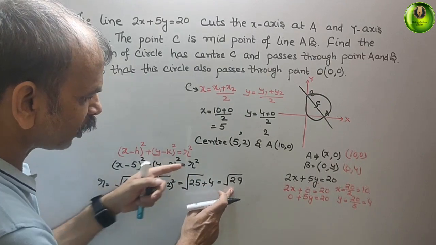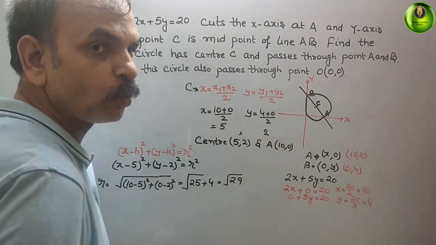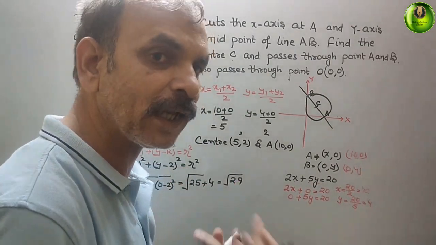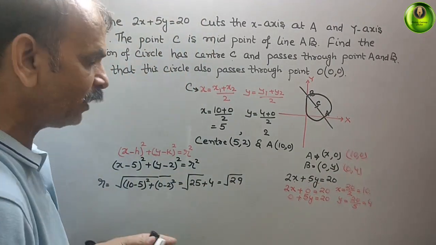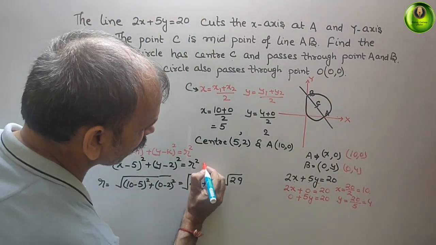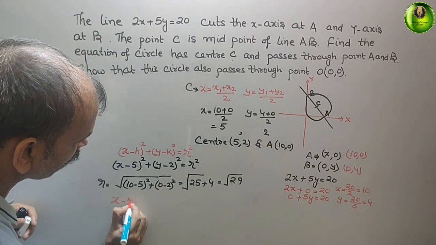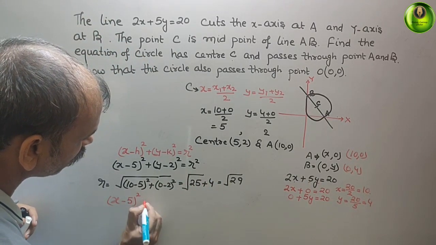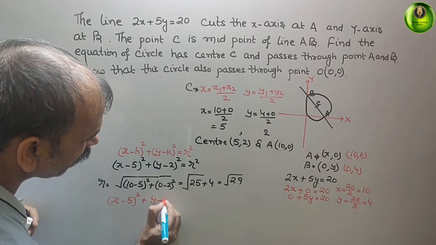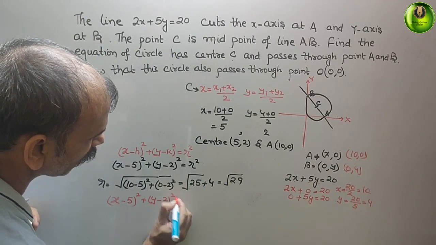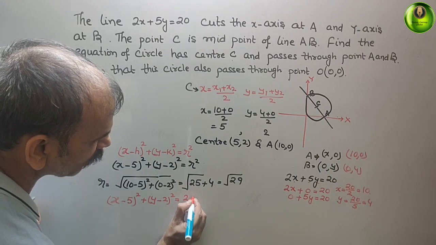If r is this, then r square is 29. Therefore our equation is (x - 5) whole square plus (y - 2) whole square is equal to 29.